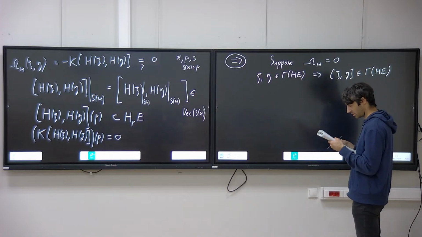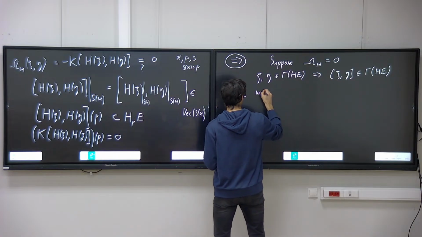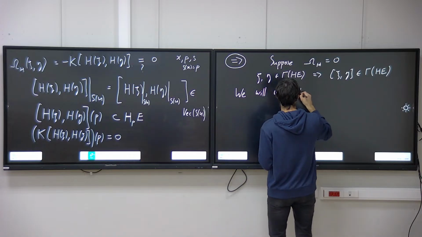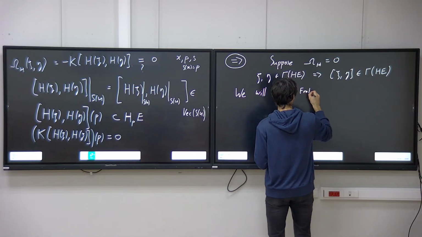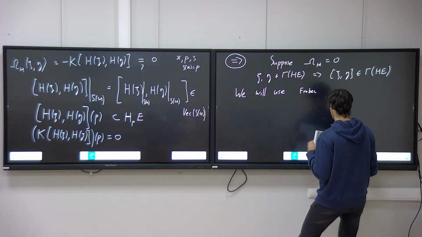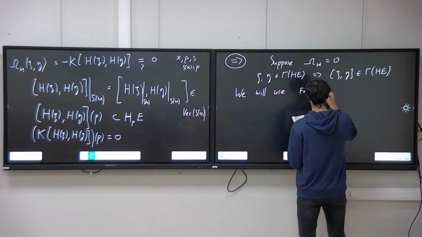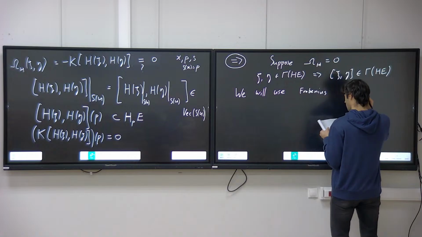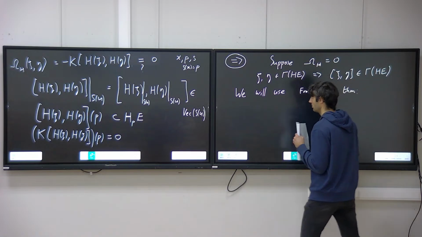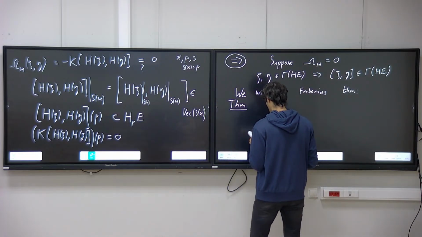So we will use this observation, but also Frobenius integrability theorem, or just Frobenius theorem. Okay, which is like that.